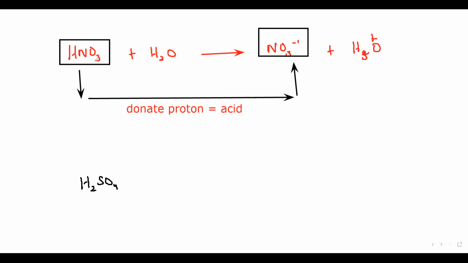When we check what happened, does it donate proton or accept proton? First it had H, but after that the H is removed, so the number of hydrogen decreases. Whenever a substance gives a proton, the number of hydrogen will decrease, and the substance which is donating a proton is known as an acid. So the term acid means proton donors. Another example, you have H2SO4 plus H2O.